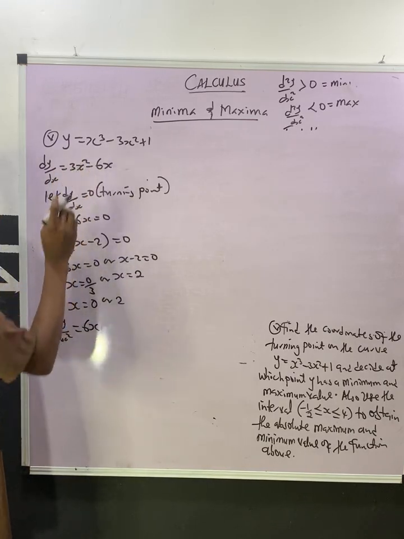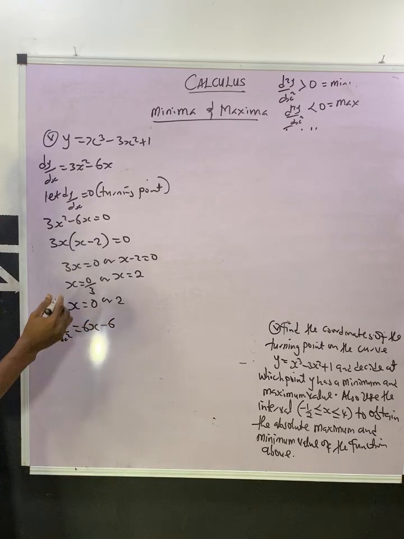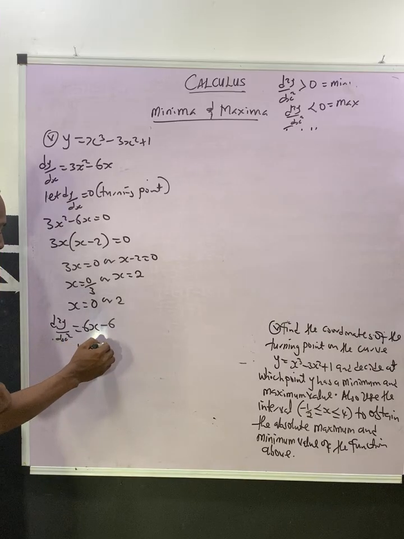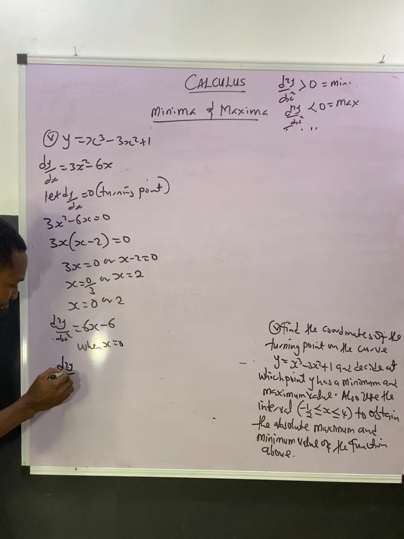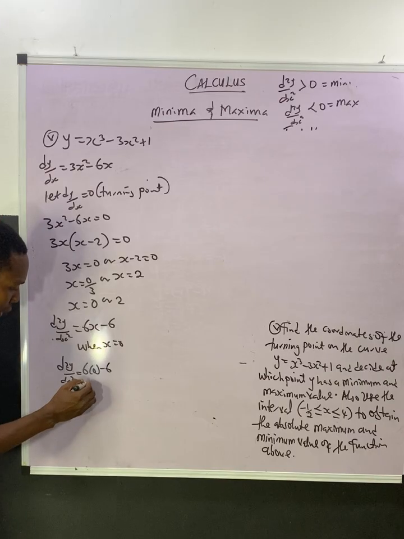If I differentiate minus 6x, we have minus 6. So you'll be substituting the values into this place. When x was equal to 0, we have d squared y over dx squared equals 6(0) minus 6, which gives us minus 6.